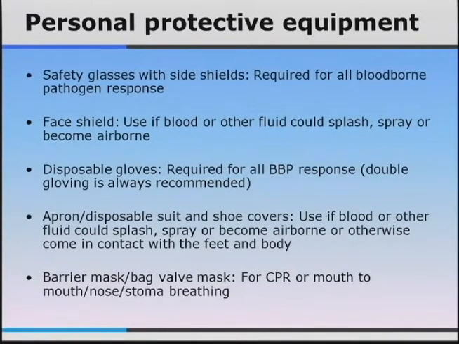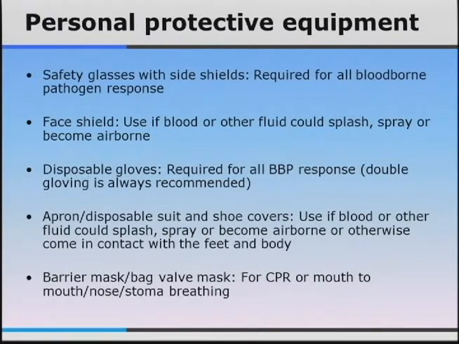What are types of personal protective equipment? Safety glasses with side shields. Safety glasses are required for all blood-borne pathogen response. Face shields are used if blood or other fluids could splash, spray, or become airborne. Disposable gloves are required for all blood-borne pathogen response.